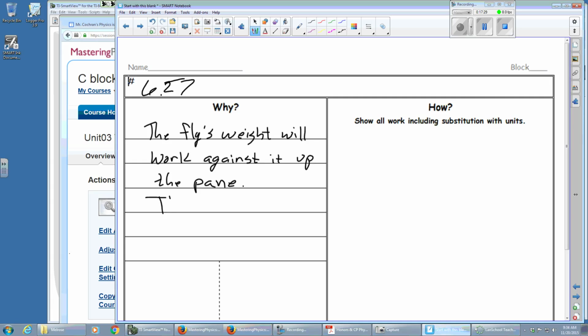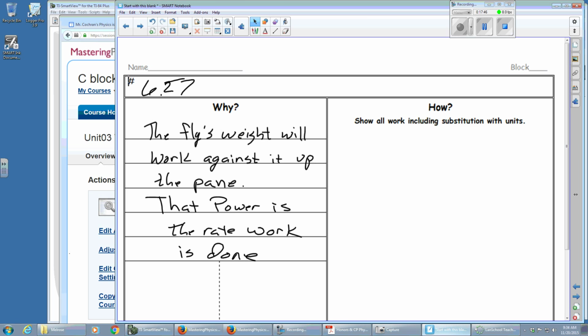Probably also be good to show in there that power is the rate at which work is done. How much power it has to use to maintain that.